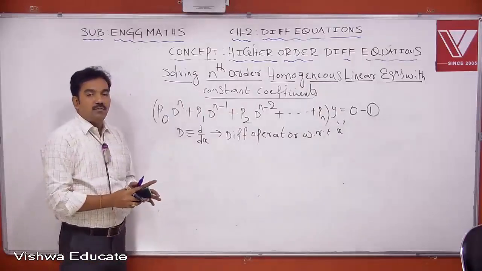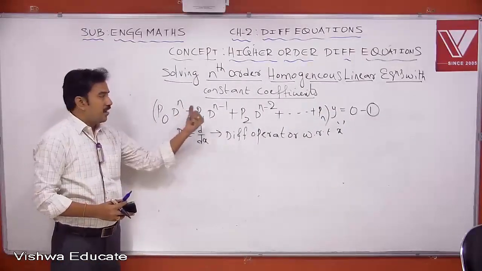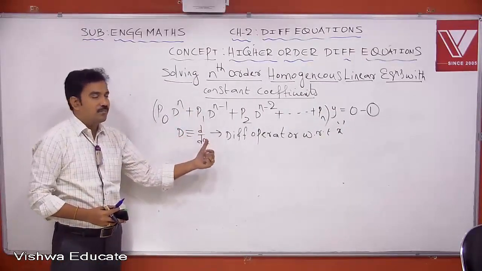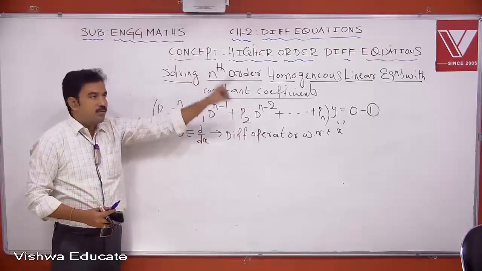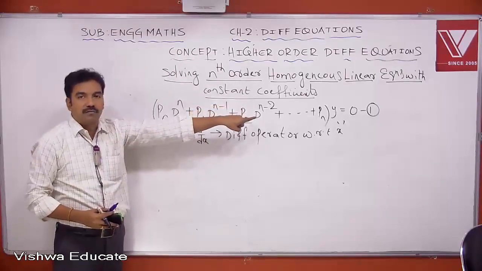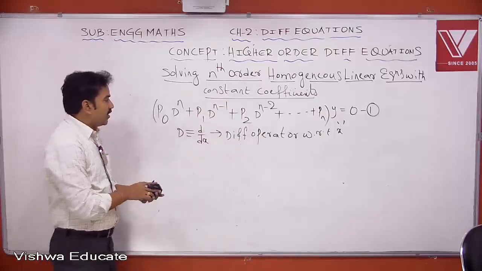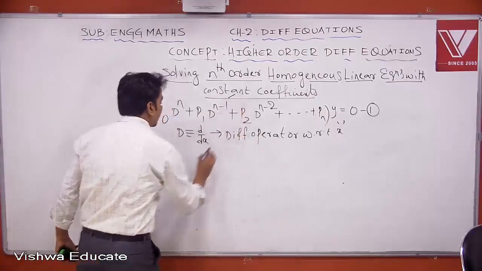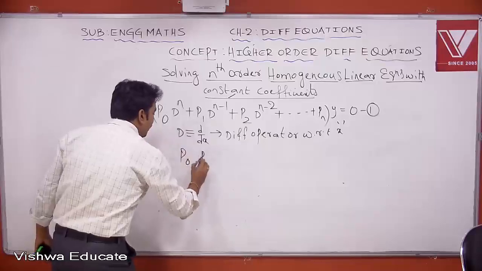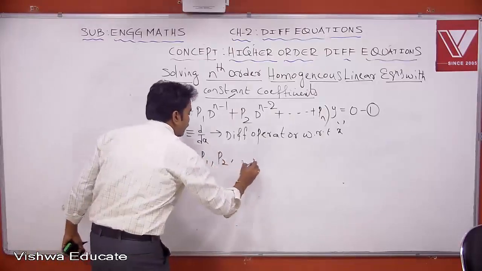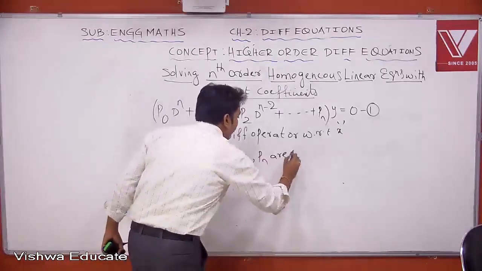Now previously we wrote a complicated expression, and that equation and this equation are same, except that previously we had q of x. Now in place of q of x I have taken 0 because it is a homogeneous equation. Since I am dealing with the constant coefficients, P0, P1, P2 and so on, Pn, all these are constants.